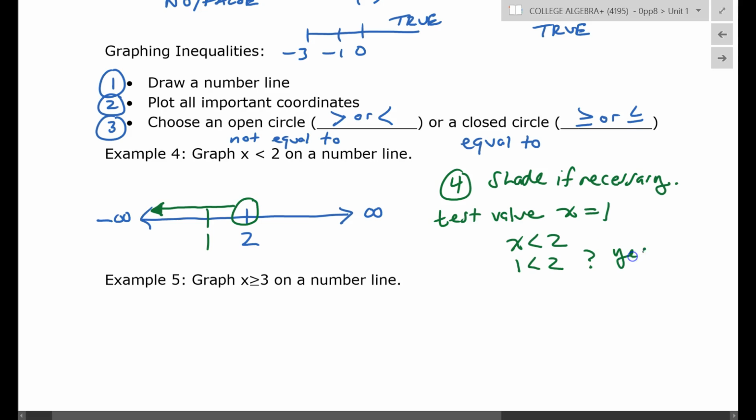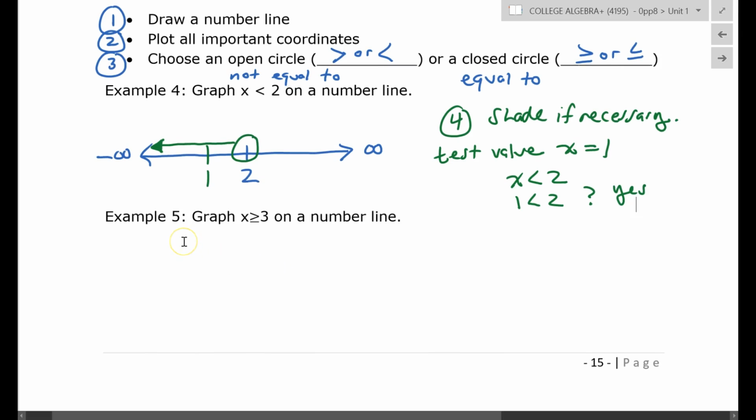Yes. So what that means is I have my open circle on 2, right? My 1 is here, so I want to draw a line where the 1 is, indicating that 1 is a solution, 0 is a solution, -1 is a solution, and everything that way. That's right. Okay?